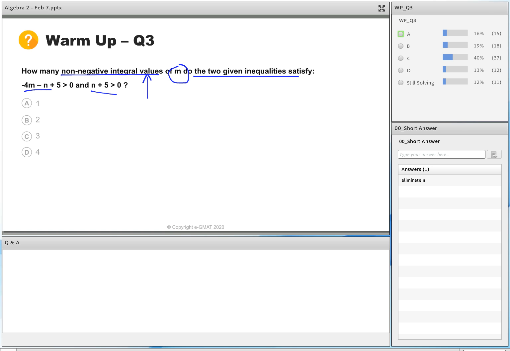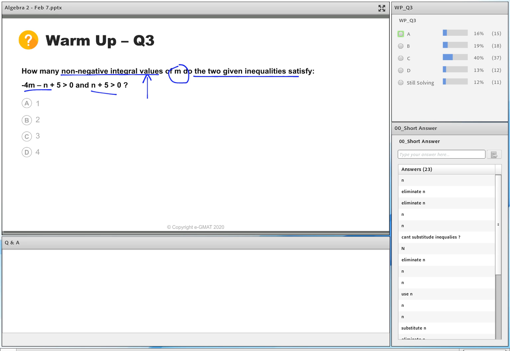I have to eliminate n, right? I'll not substitute again. I have to eliminate n. That's my target. If you substitute values, it might be a problematic situation for you, or you might unnecessarily make the question a bit more complex. We don't want that to happen, and that is the reason we'll not substitute at any point in time.